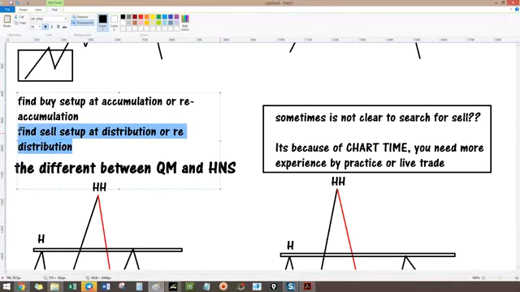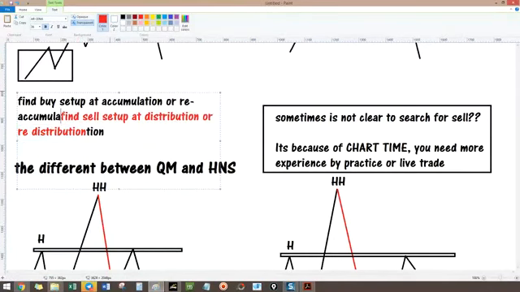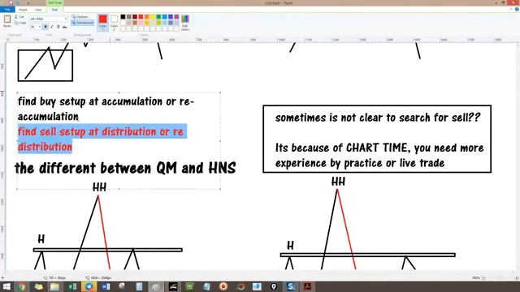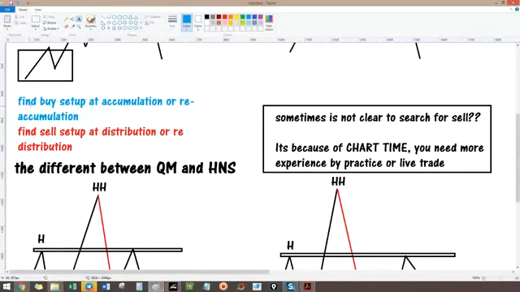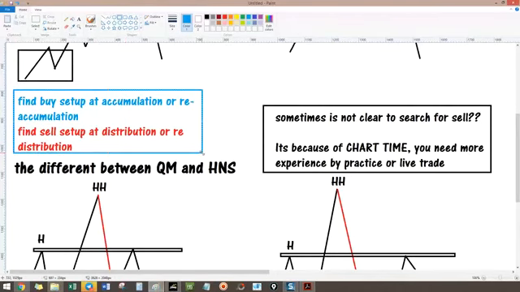Over here we mark it as red. Over here we will mark it in blue. So you find buy setup at accumulation or reaccumulation, and find sell setup at distribution or redistribution.